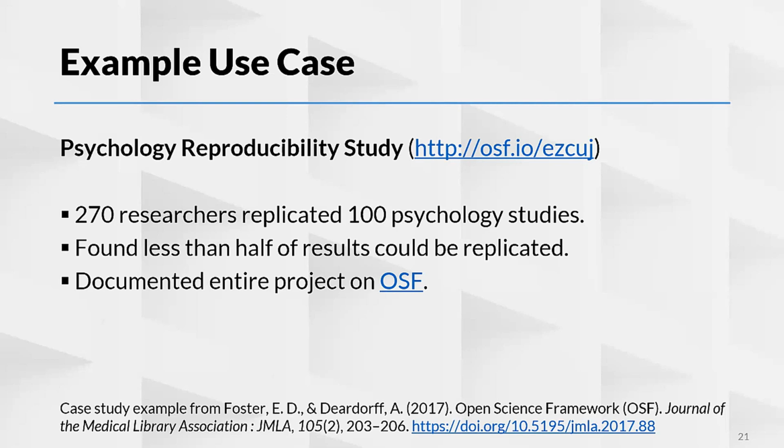It's very cool, and it gives you a really good idea of how these 270 researchers can keep themselves organized and be collaborating on this like mega research project. Very interesting. There's also a journal article written by 2 librarians that talk about this as well. So the DOI link for that journal article is there as well.